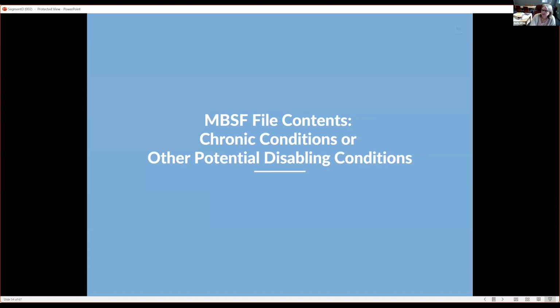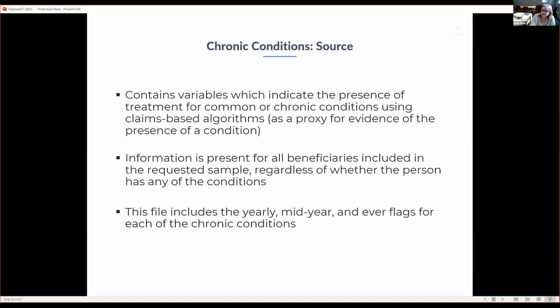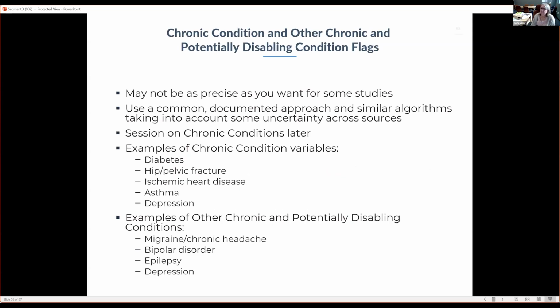There also are other files, other segments. There's the chronic conditions and other potentially disabling conditions. These are variables which indicate the presence of treatment for chronic conditions using claims-based algorithms. We will get indicators for everybody, whether or not they have them, and there will be multiple flags. They may not be as precise as you want.